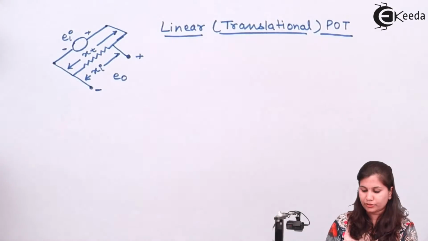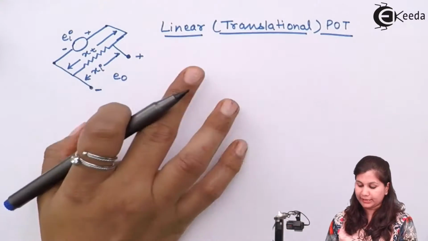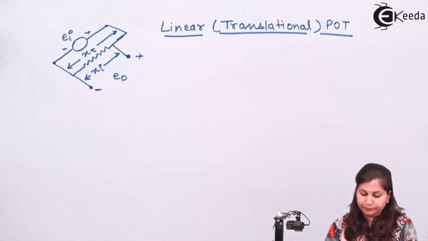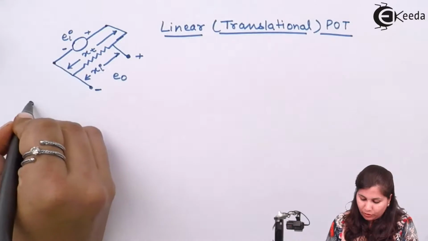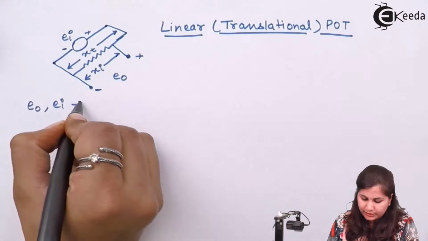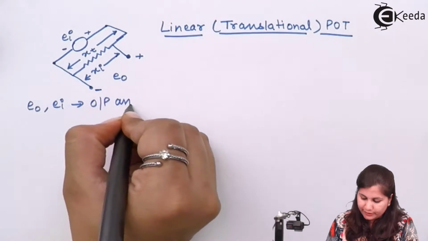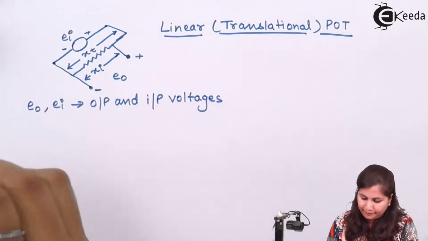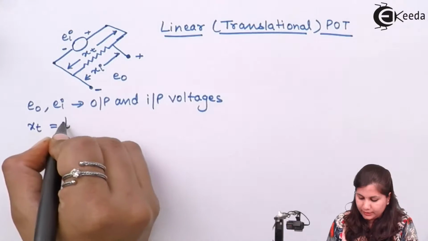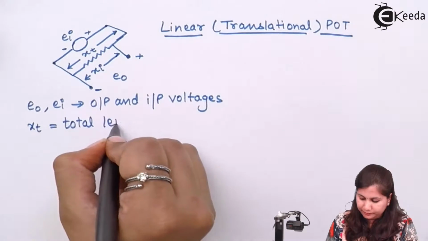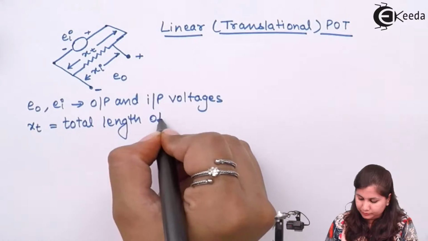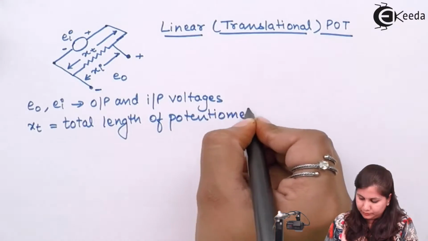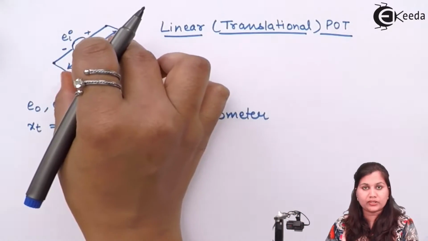Here in the diagram, a linear or translational pot which is excited by a DC voltage is shown. Now suppose E naught and Ei are the output and input voltages. xt is the total length of the potentiometer, meaning the total length of this resistive element.